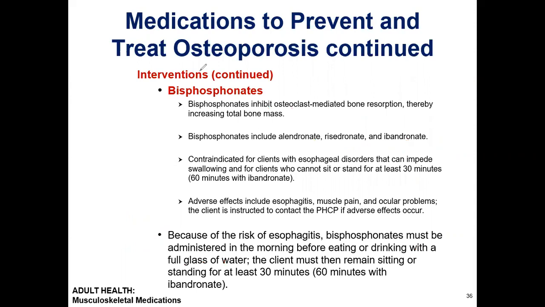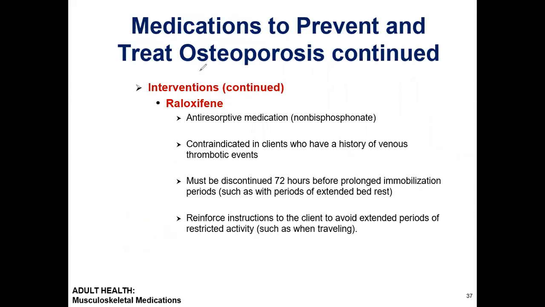What else? Another drug is called raloxifene. Raloxifene is an anti-resorptive medication. It is a non-bisphosphonate. It is contraindicated in clients who have a history of venous thrombotic events, and must be discontinued 72 hours before a prolonged immobilization period.